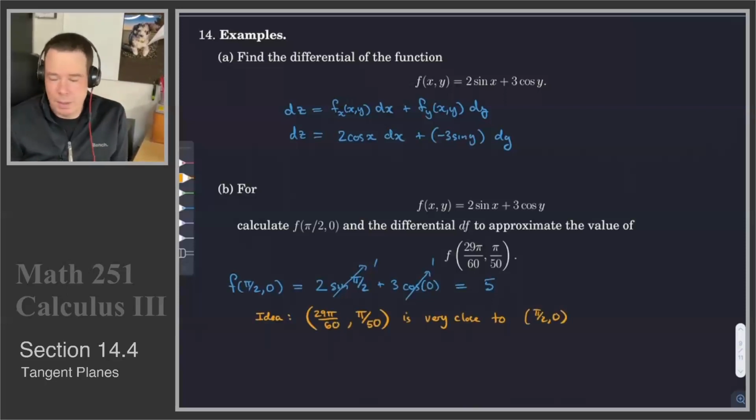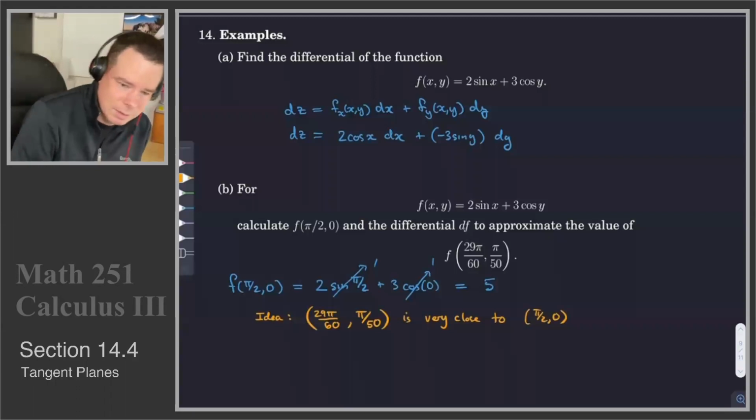So we would expect, if the function's nicely behaved, nice and smooth, with no sharp turns or anything like that, then the function values at two points that are close to each other should be pretty close to each other. And we've just worked out the function value at pi by 2, 0. So we should expect that the function value at 29 pi by 60, pi by 50 should be roughly 5 as well.